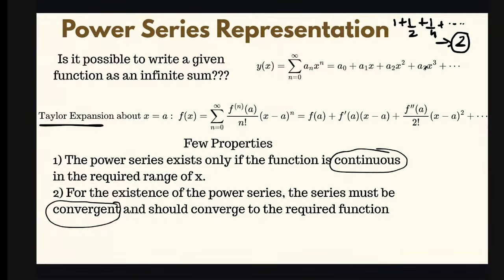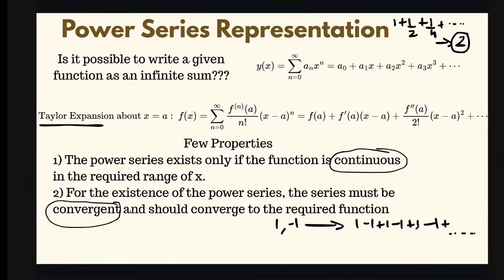Now let's look at another series. Let's say you have a series where every even term is 1 and every odd term is -1. Summating this, what do we get? 1, -1, +1, -1, +1, -1. So this is oscillatory in nature, if you can see.